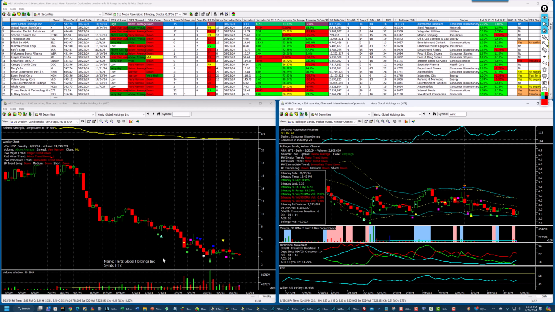But look at the weekly chart. It's been down, down, down. There is some accumulation right now. So I don't know how these options trades without going in and looking at them, but that's something I would have to do in Thinkorswim.